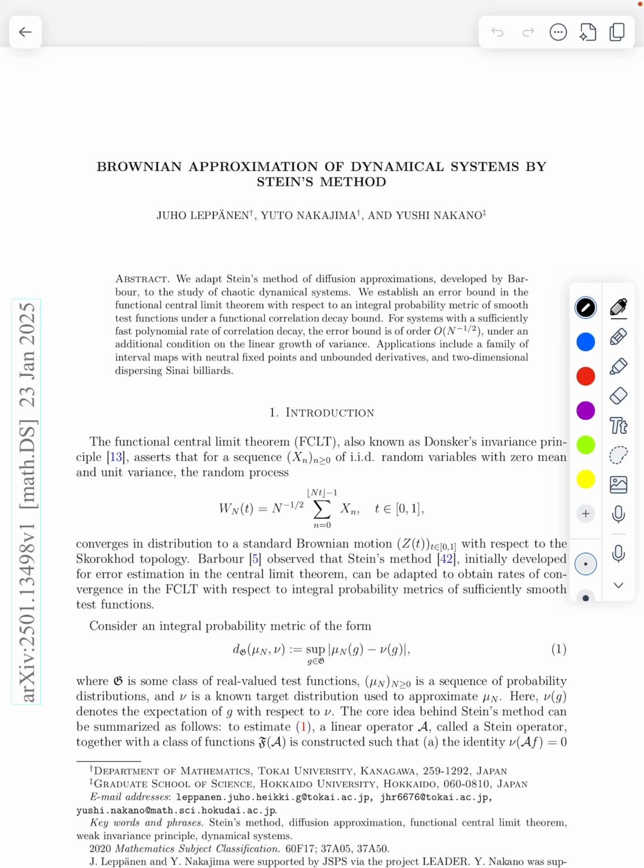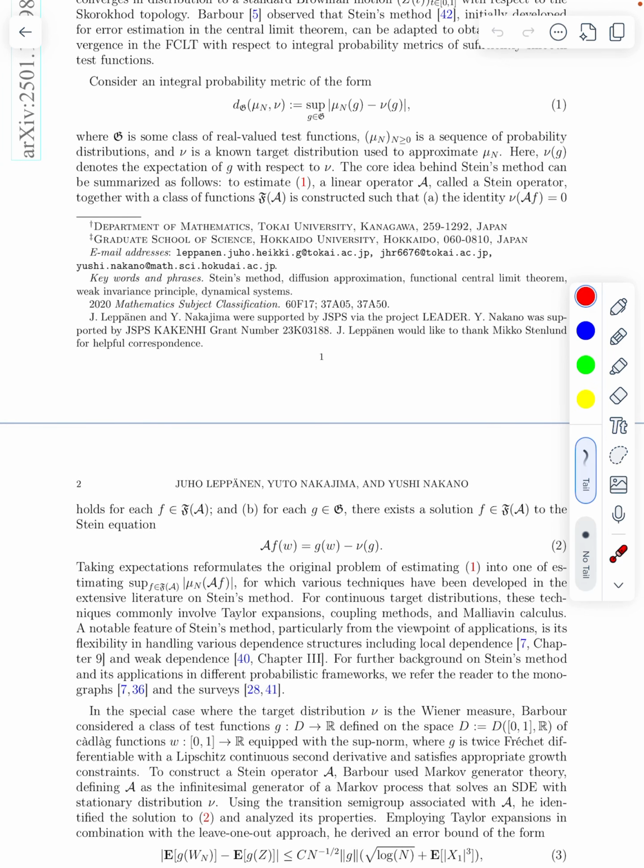The only other thing we need to know is that in the target distribution that we're trying to check, the averaged value of the operator applied to any of our functions is 0.